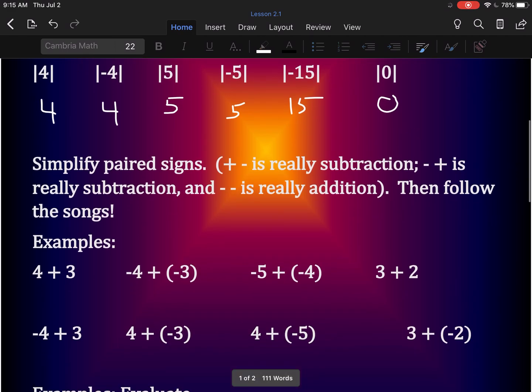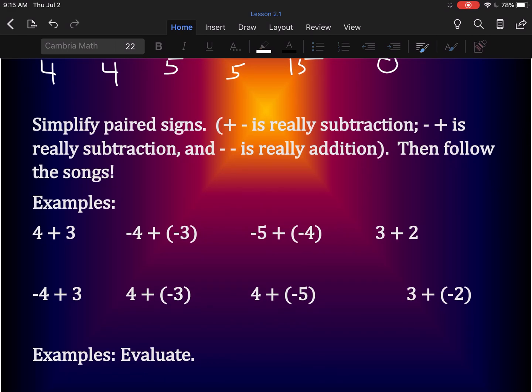Now, in order to actually use integers, I'm going to give these directions. Simplify paired signs. And what I mean by that is if you see plus a negative number, we're going to rewrite it as subtraction. If you see minus a positive number, it is actually subtraction. I don't think you'll actually ever see that combination.